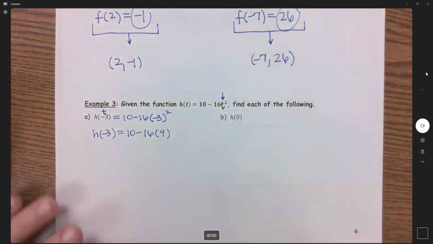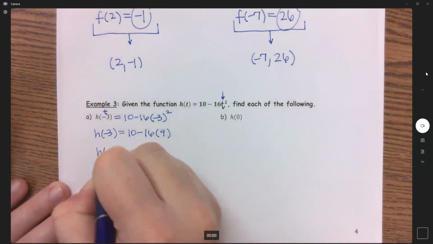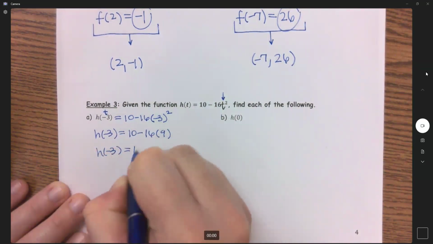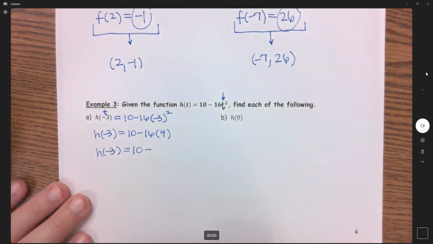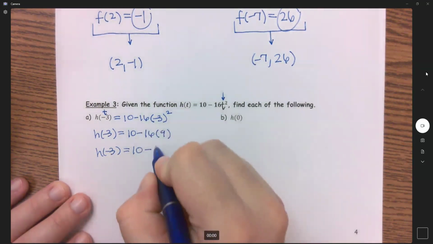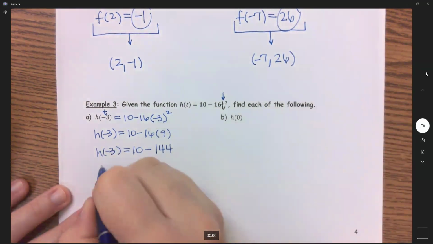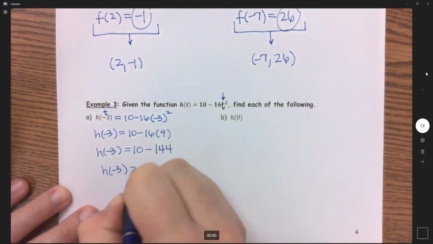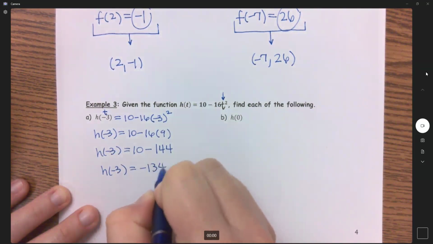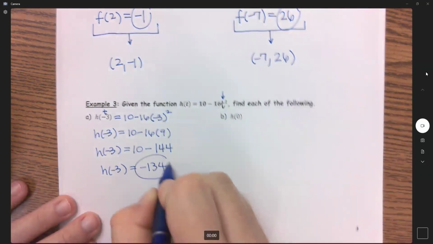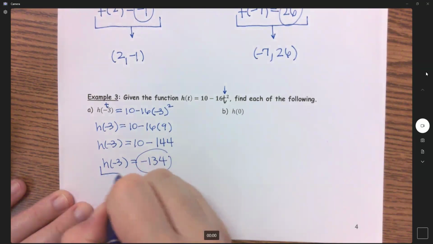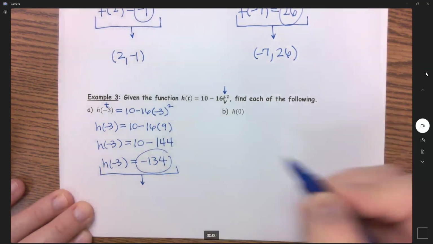Okay, continuing on, we will multiply now. So 16 times 9 is 144, and 10 minus 144 is negative 134. So this is my answer, but this still represents an ordered pair.